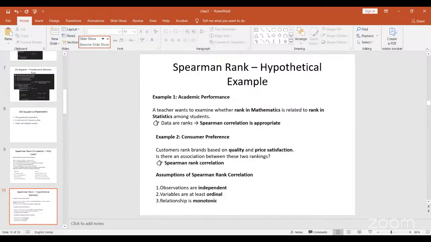So what is the formula? Just please note down the formula. The O denotes the observed frequency and the E denotes the expected frequency, right? So for the chi-square Yates correction, it will be modulus of O minus E, minus 0.5.